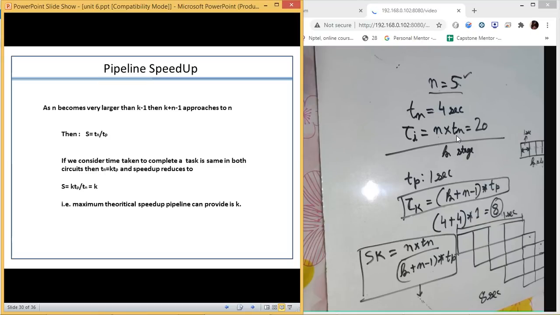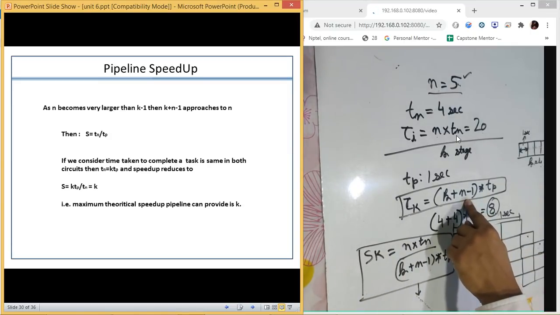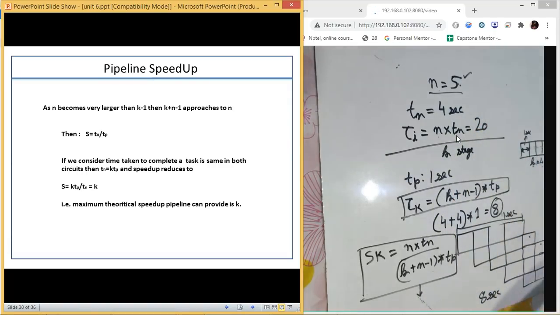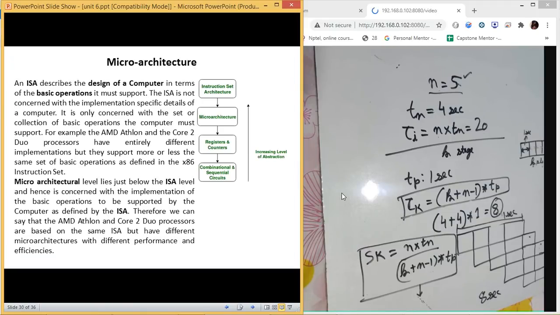In simple words, if the number of tasks is very large, like n is very huge, then the speed up factor will become Tn by Tp directly. So we can simply calculate it by dividing these two values. Okay, so that is how we calculate the speed up factor.